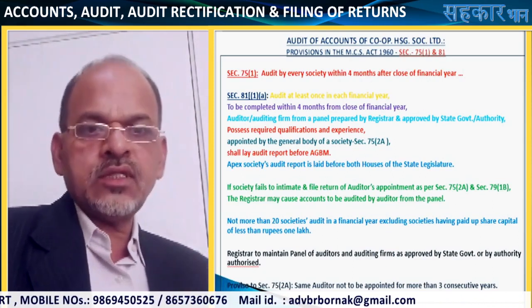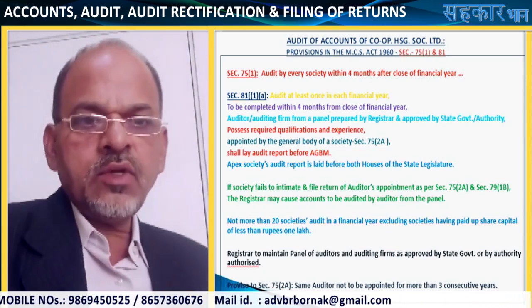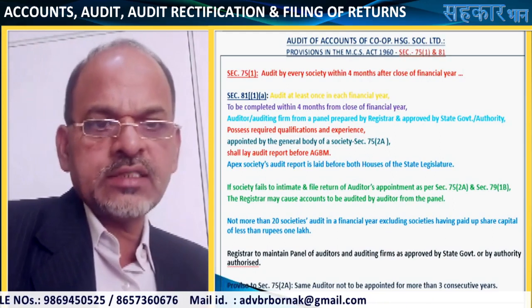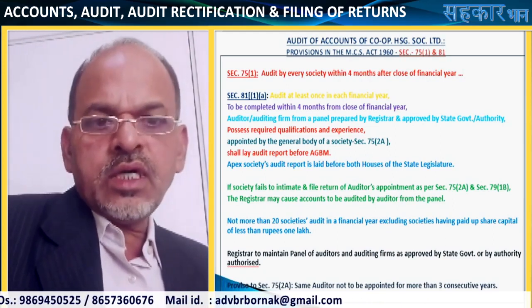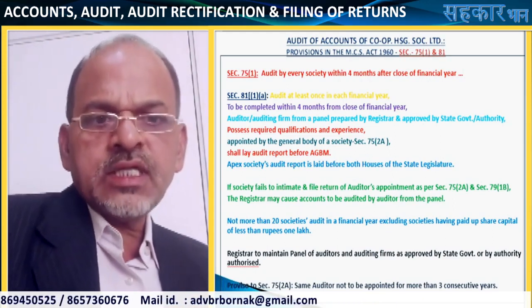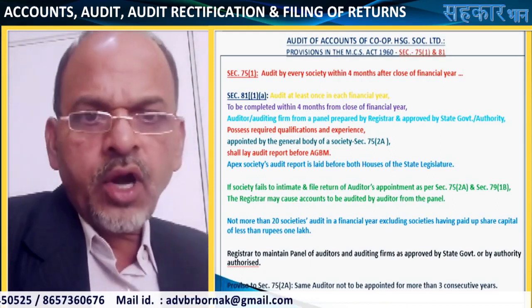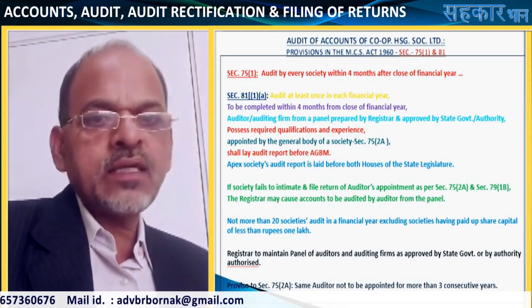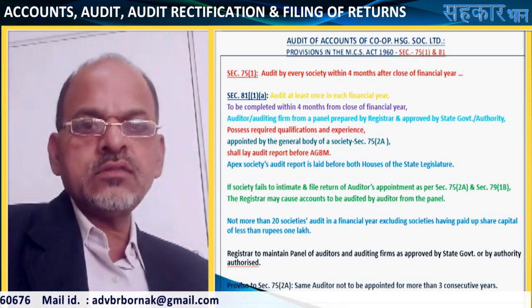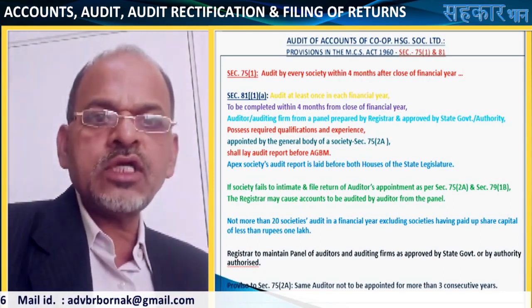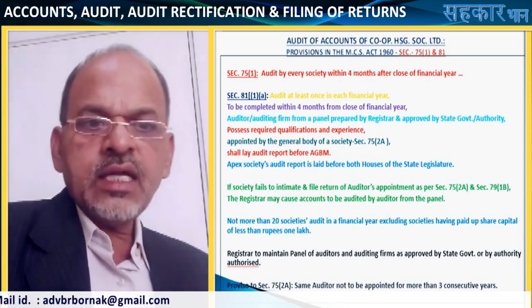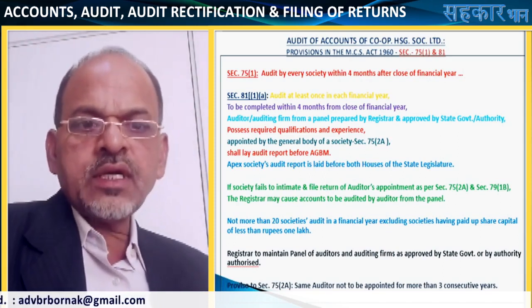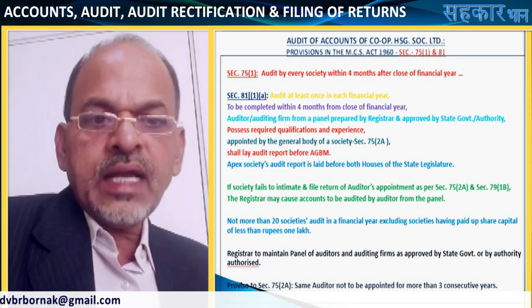The auditor is required to be appointed from the panel prepared by the registrar and approved by the state government or authority authorized by the state government. That is why it is the responsibility of the registrar to maintain a panel of auditors and auditing firms as appointed by the state government or by authority authorized by the state government.